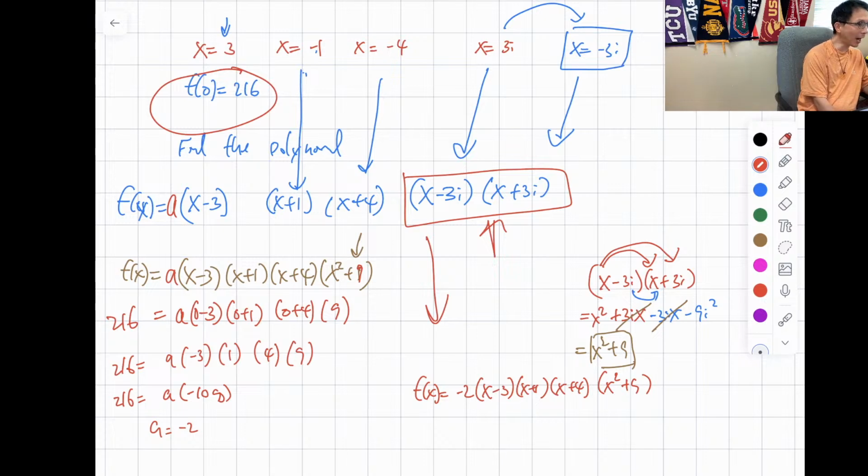Sophia says if it's i, then they come in pairs. Not only that, i's come in pairs. Actually, any irrational roots come in pairs. So for example, if you have a discriminant of 5, then you have 2 plus minus root 5 over 2. That always comes in pairs as well. So if you have 1 plus root 5, there's another one, which is 1 minus root 5.